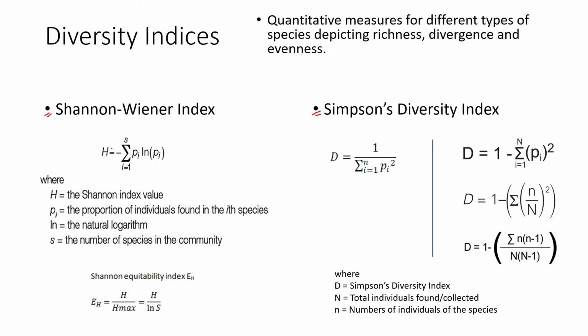So that's why a minus symbol has been added to identify more the abundance or evenness. So in the Shannon-Wiener index, H stands for the Wiener index, and Pi stands for the proportion of the particular individual.